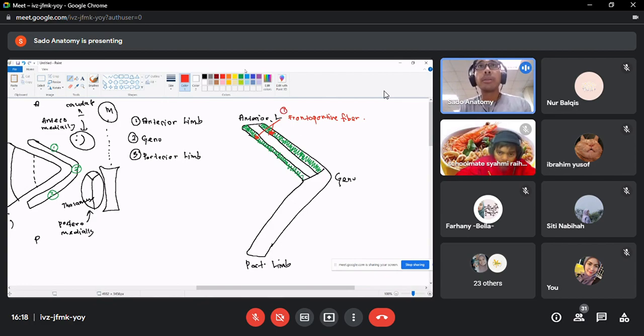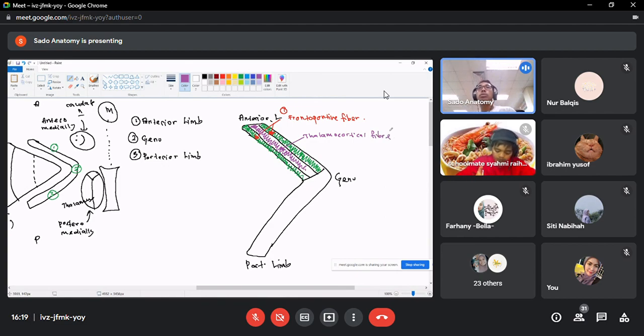Number two, in between these two fibers, centrally, you have another fiber over here, centrally located within the anterior limb of the internal capsule. This tract we call the thalamocortical fiber.